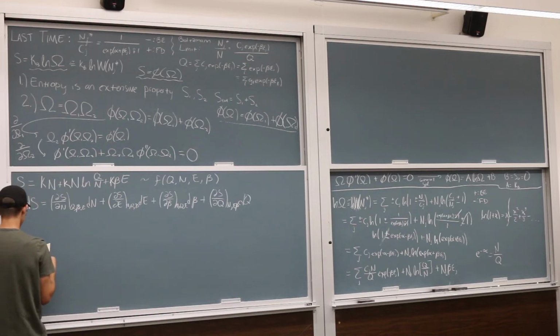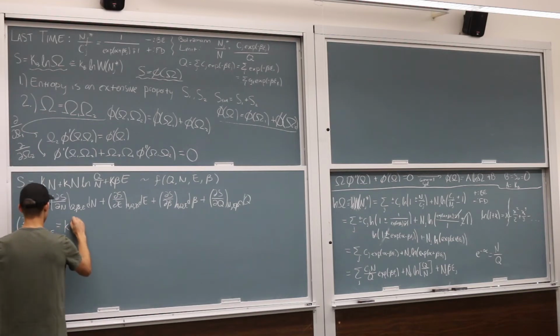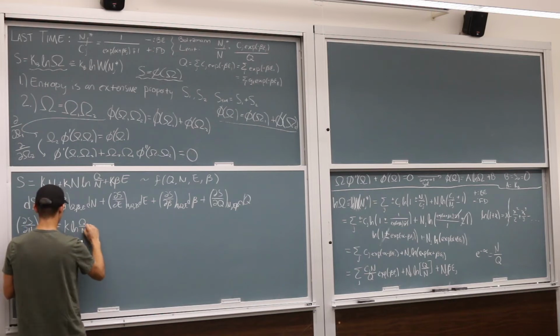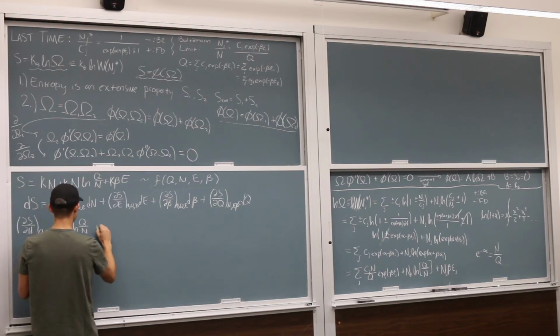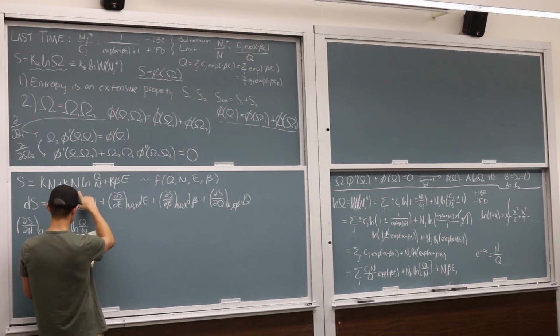Okay, so let's do ds/dn first. So ds/dn, holding q, beta, and e constant, is equal to k natural log of q/n plus k. We're going to have to use a product rule on this one, yeah?